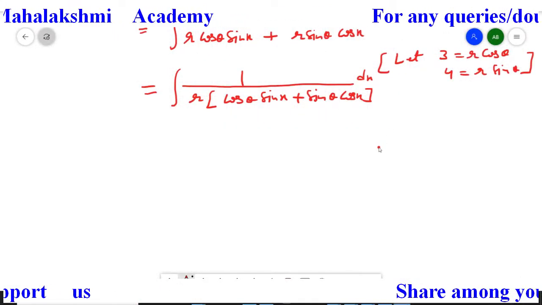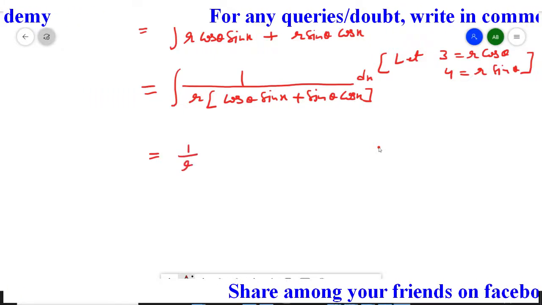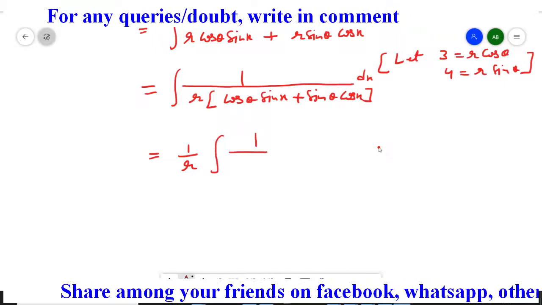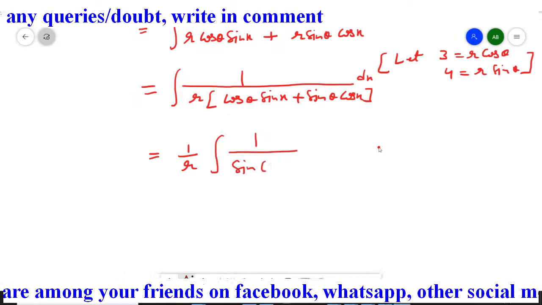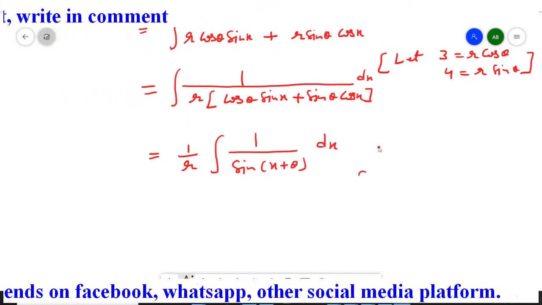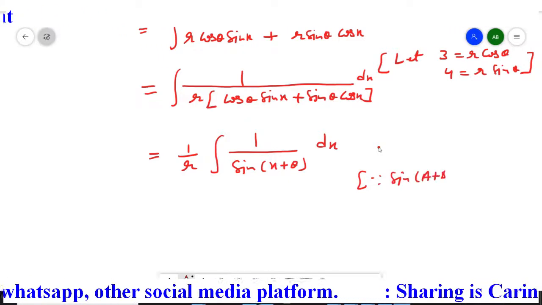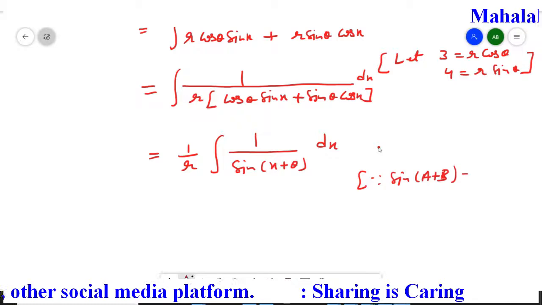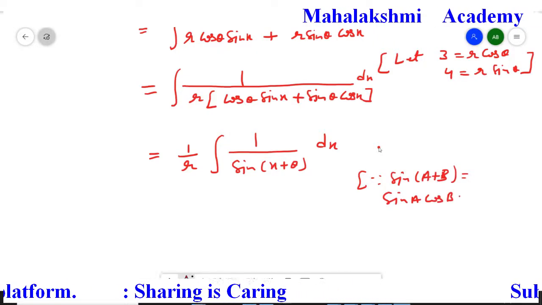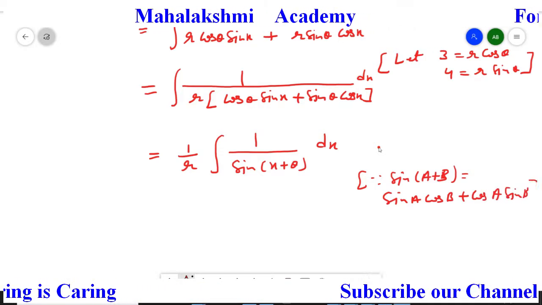So we write here 1 upon r, just take it outside because it is a constant here, and it's the formula of sin x plus theta and dx. Now why we wrote this, just write down the formula here, because the sin a plus b formula is sin a cos b plus cos a sin b.